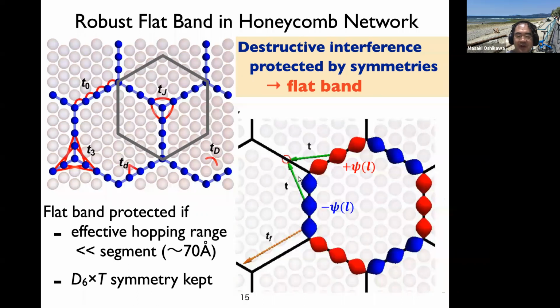So it's pretty large. Of course, beyond 70 angstrom, maybe the tunneling amplitude is not exactly 0, but we can expect it to be pretty small. So that means that this flatness must remain good in a realistic system, as long as you keep this crystal symmetry.